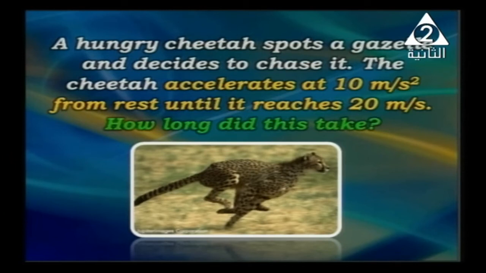What's meant by second squared here? It means the measuring unit, meter per second squared, is the measuring unit of acceleration. So from rest until it reaches 20 meters per second, how long did this take? It means I need to calculate the time for this cheetah to hunt this gazelle. And we have the answer about it.